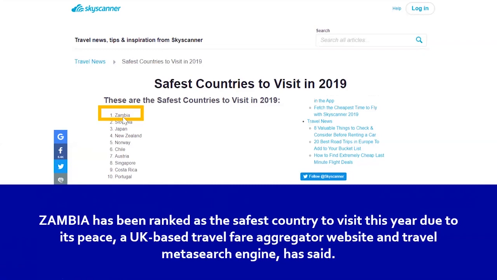They have listed Zambia as the safest country to visit in 2019. They listed a total of 10 countries, out of which Zambia ranked number 1, followed by Slovenia, Japan, New Zealand, Norway, Chile, and other countries. So can you believe that we don't see any first world countries there? There is no US, no UK, no Canada, no Australia there. So Africa is no more a dark nation. On the whole, Zambia is one of the safest countries.